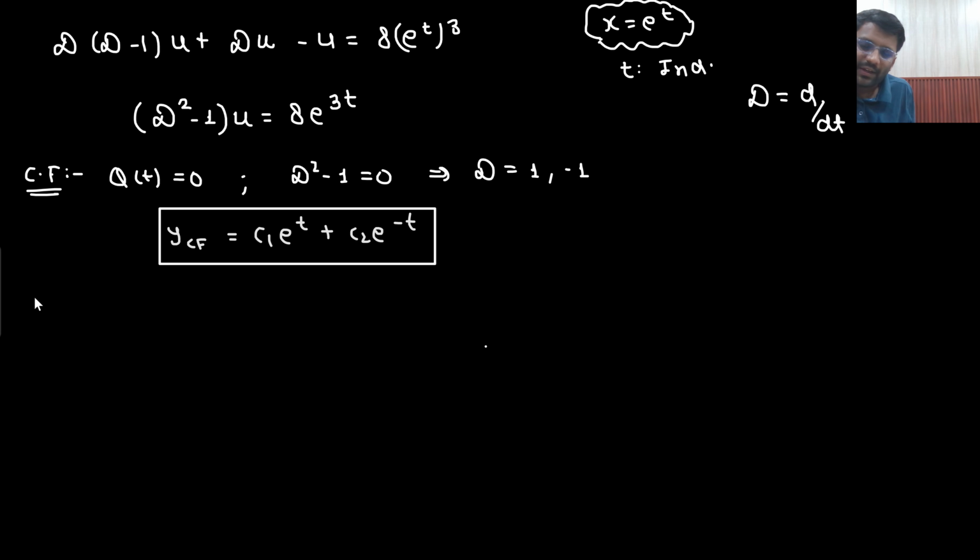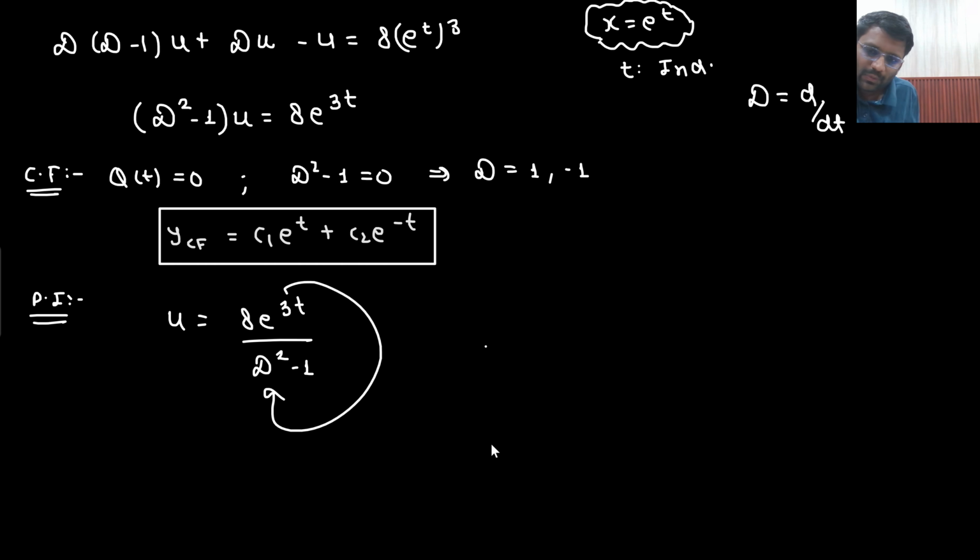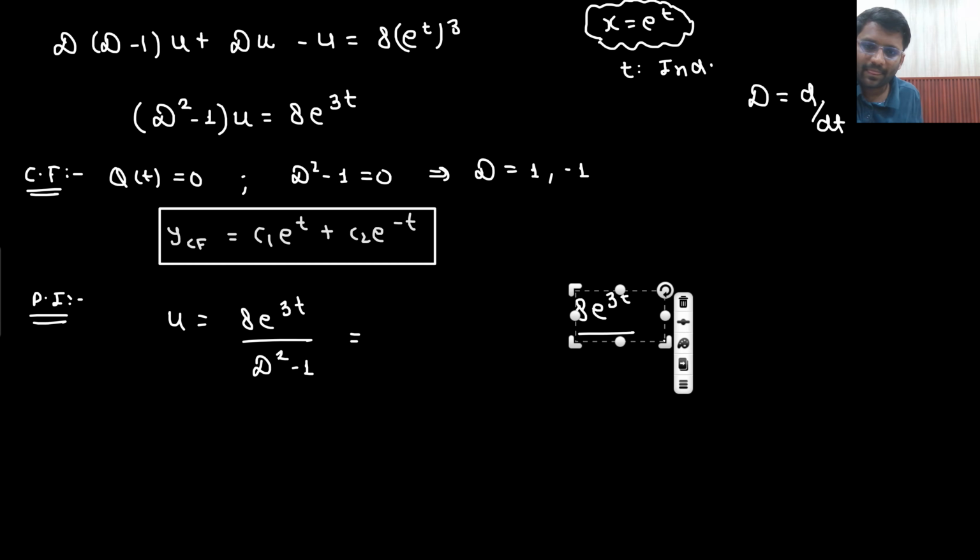Now what do I need to find out? I need to find out PI. For finding PI, sir, u equals 8 e to the power 3t upon d square minus 1. So put 3 here. We are getting u of PI, no?